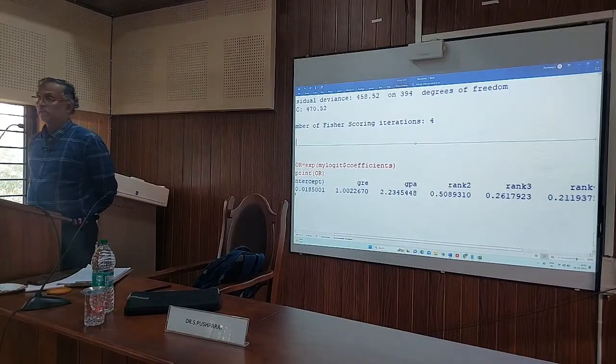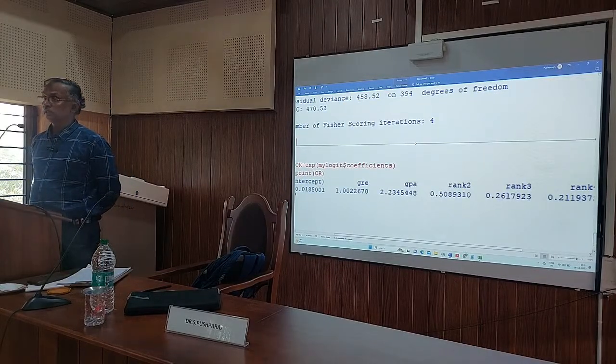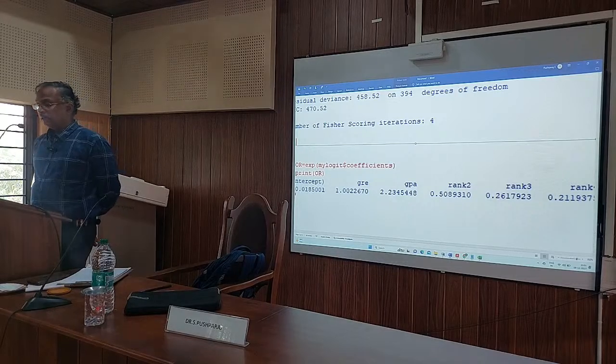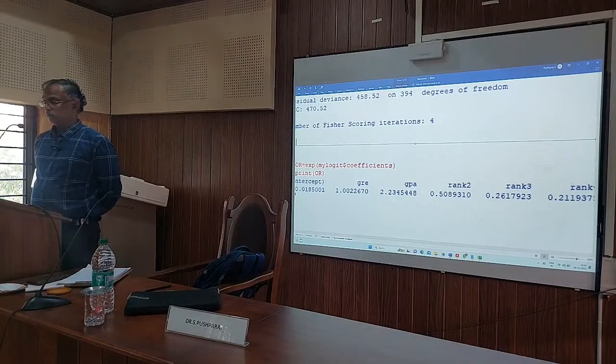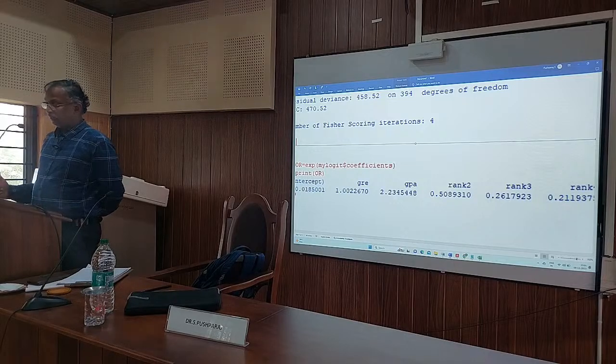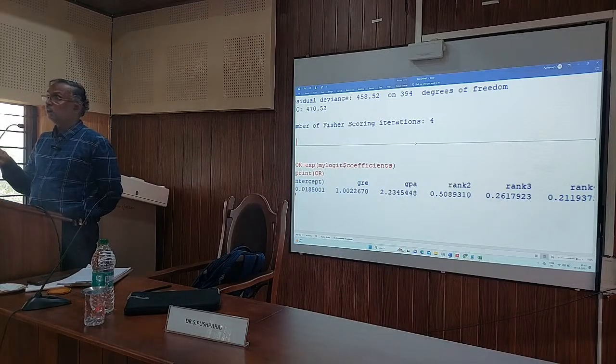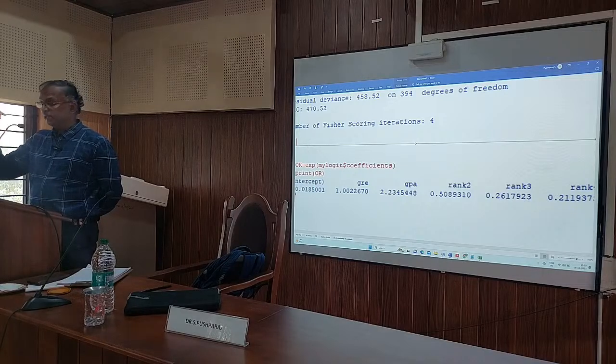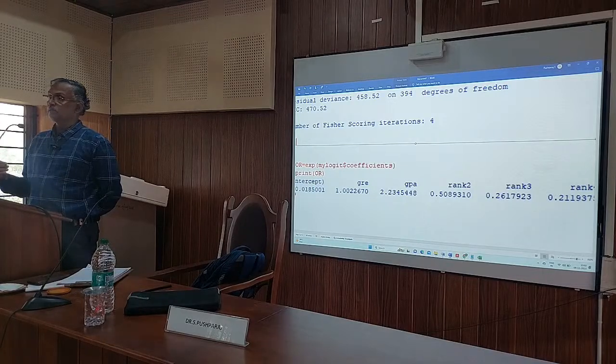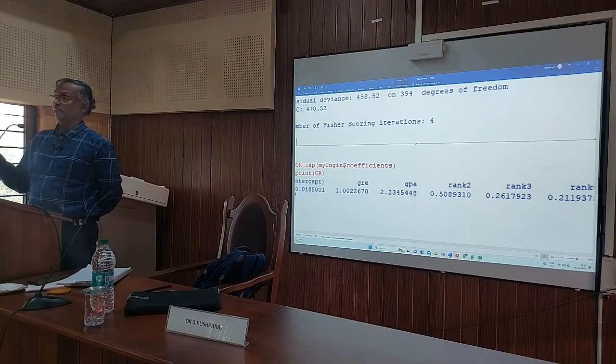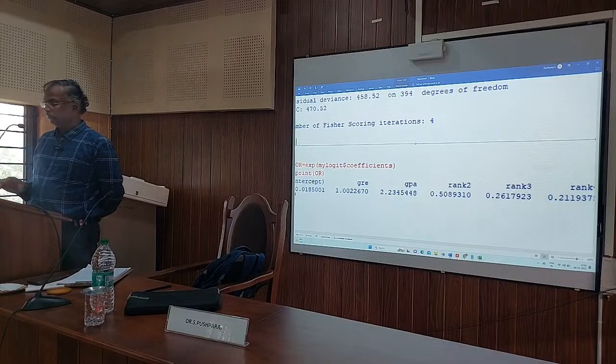This is odds. The odds for a person: if the grade increases by 1 unit, the odds of that person getting admitted increases by 0.0022670 units.